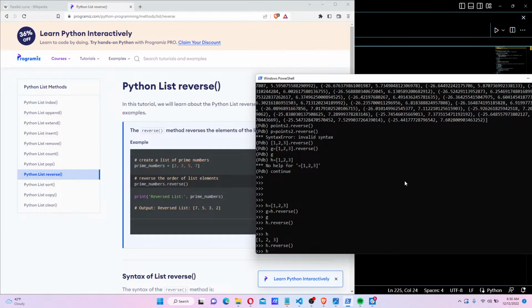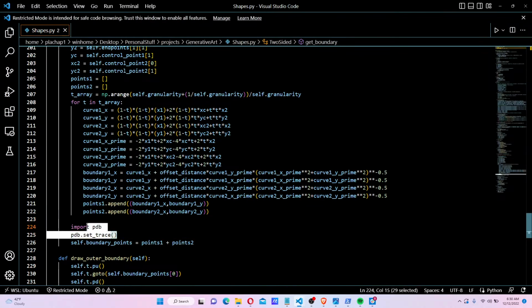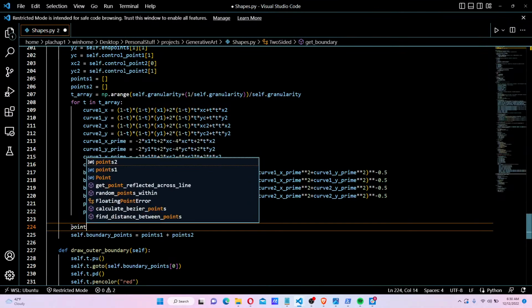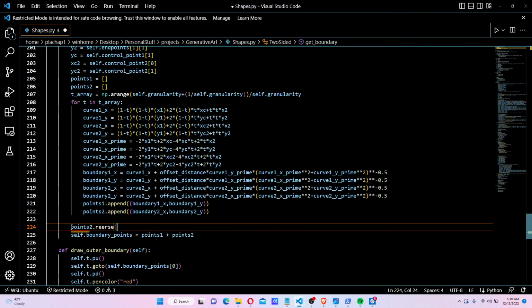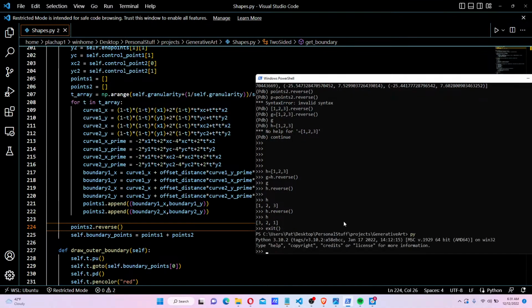If we do h dot reverse again. Oh. Okay, so I'll just do up here points 2 dot reverse. Alright. Now that should be good. Exit. Okay, very good.